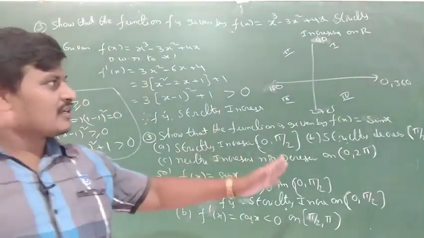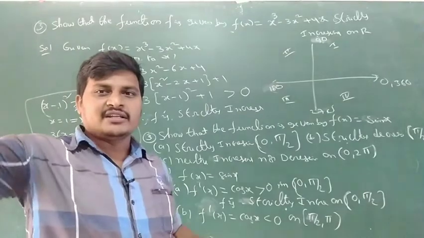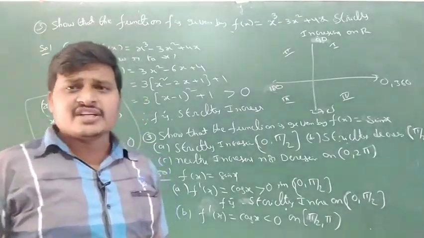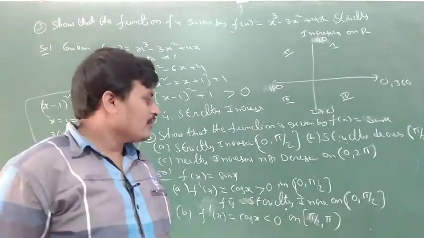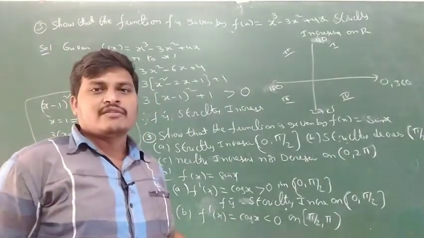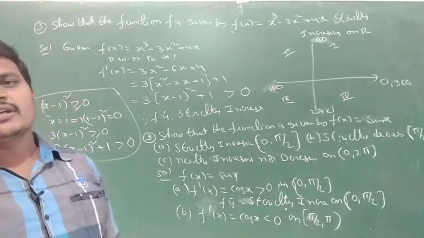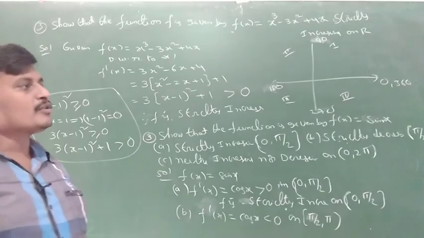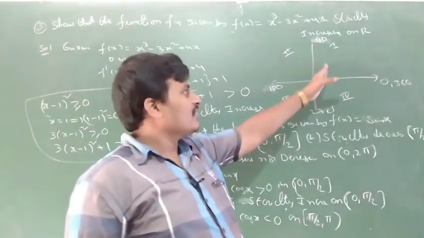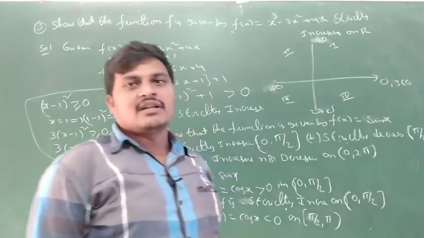So it is not in a sequential increasing or decreasing order. Finally, f of x is neither increasing nor decreasing on the closed interval 0 to 2 pi, because the first is greater than 0, and the second and third are less than 0.